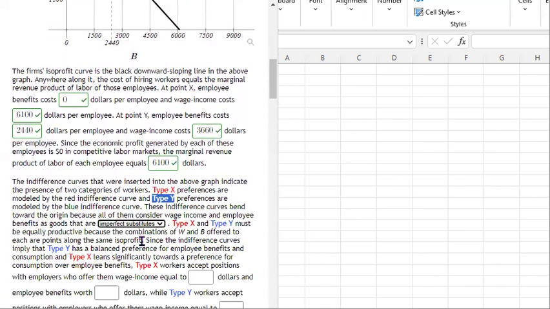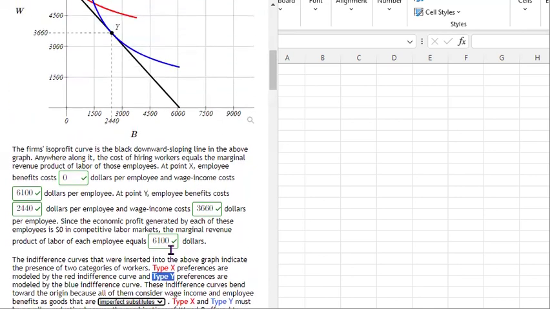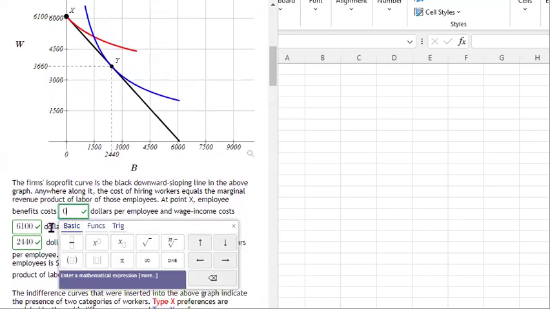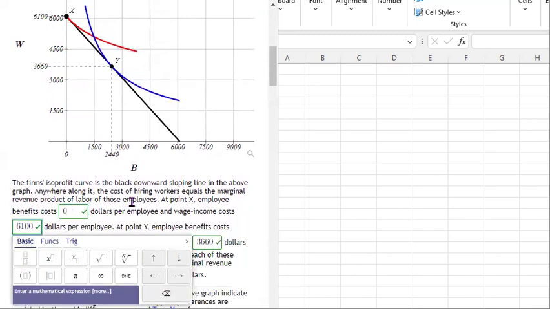So these are imperfect substitutes. Type X and type Y must be equally productive workers because the combination of W and B offered to each are points along the same isoprofit line, and the value of this employment package equals the value of this employment package.